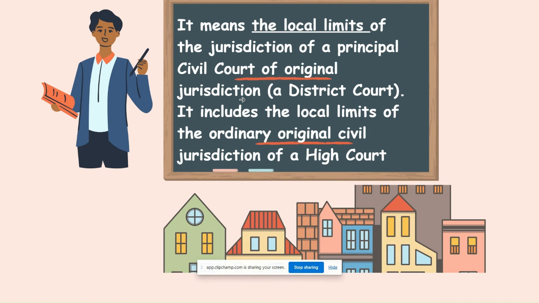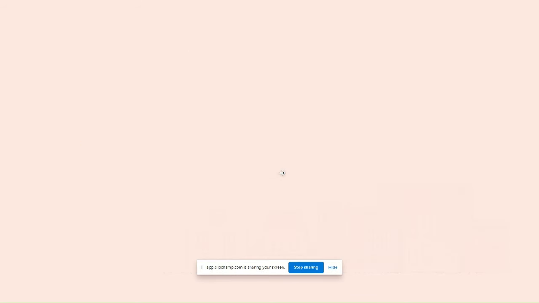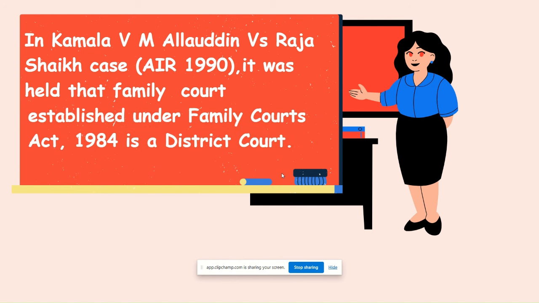A principal civil court of original jurisdiction is a district court, and it includes the local limits of ordinary original civil jurisdiction of a high court.